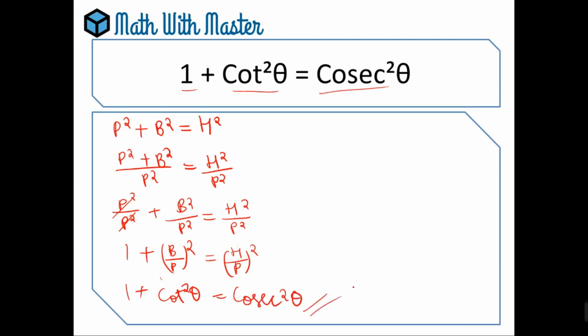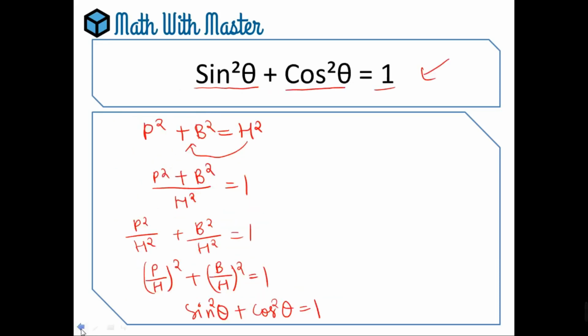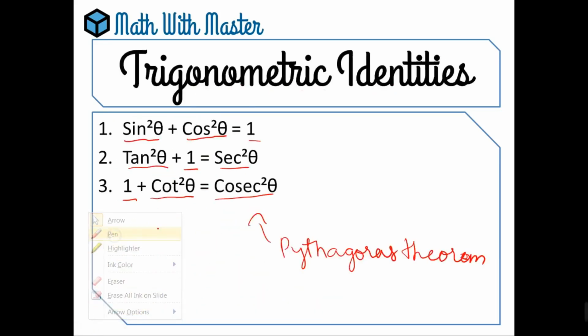This is how we found these formulae, and they don't need any conditions. They are valid for all angles.